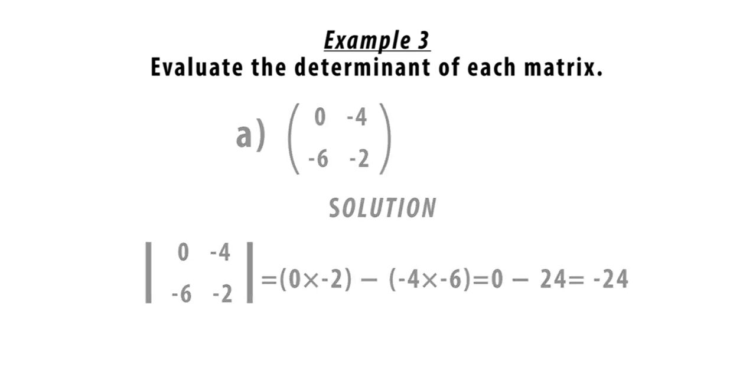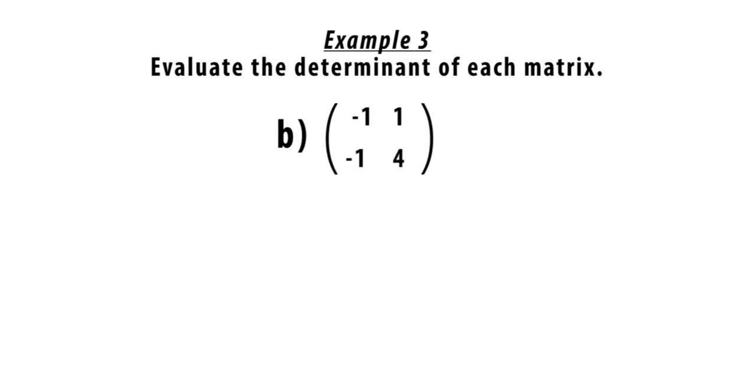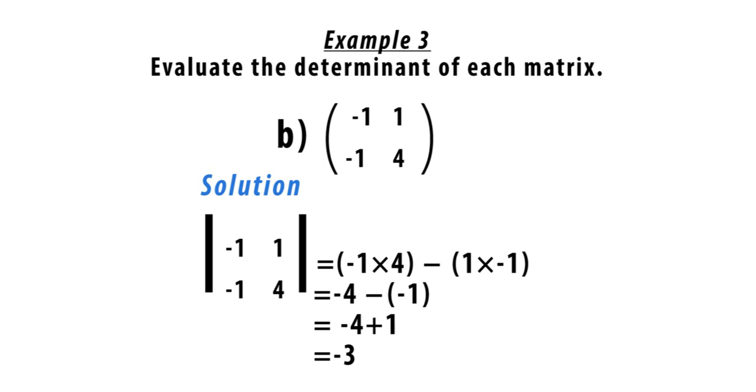Let's find the determinant of B. The matrix is -1, 1, -1, 4. So the determinant is equal to -1 multiplied by 4 minus 1 multiplied by -1. We'll simplify that and it gives us -4 minus -1, which is the same as -4 plus 1, and that gives us -3.